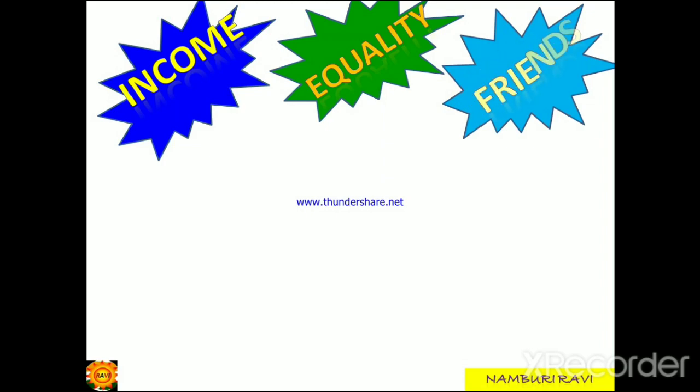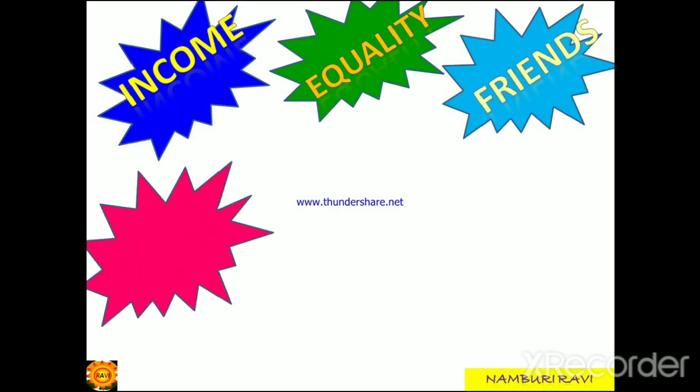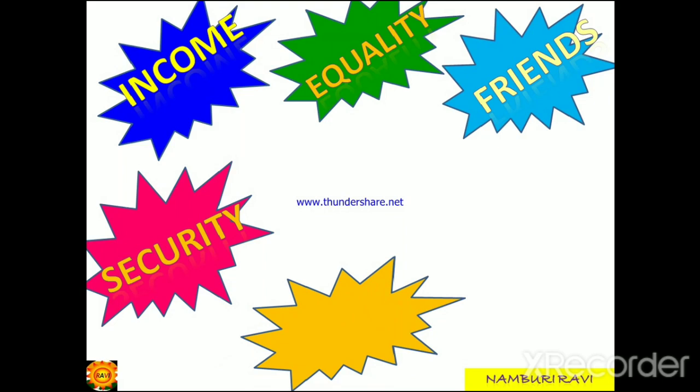Next, the third one is friends, also essential. Then the fourth one is security. Wherever we are living and working, security is required. And the next important thing is liberty. Wherever we are working and living, without any restrictions or instructions, living freely and expressing our views and opinions freely comes under liberty.